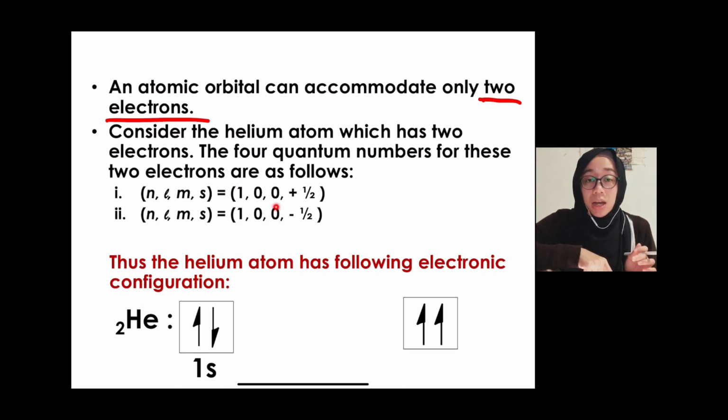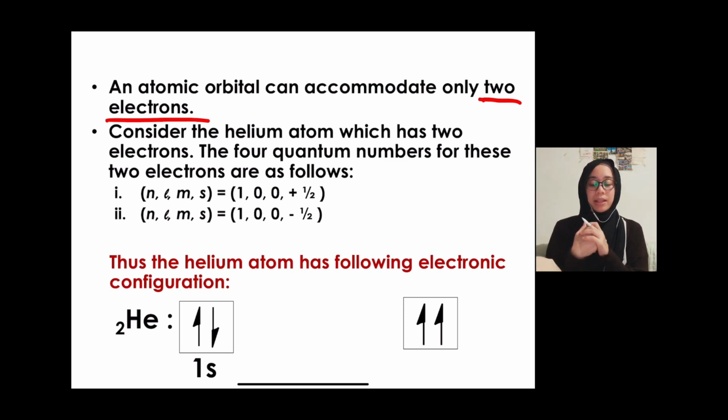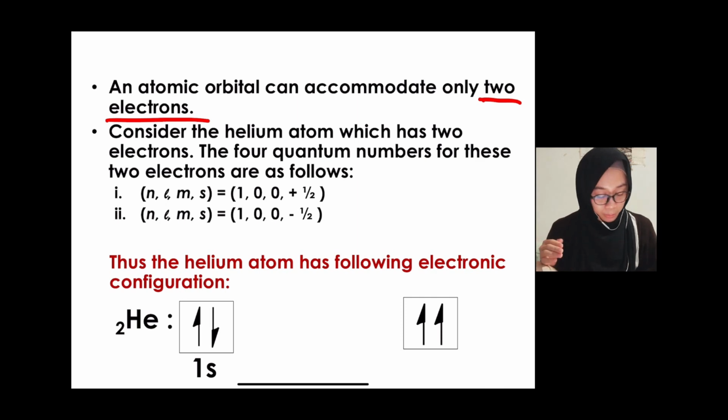But then dia punya electron spin at a different direction. So one is going clockwise, another one is going anti-clockwise. Okay, so thus the helium atom has the following electronic configuration. So kalau kamu tengok gambar kat bahagian bawah tu, so the helium the arrow part is actually showing the electron.